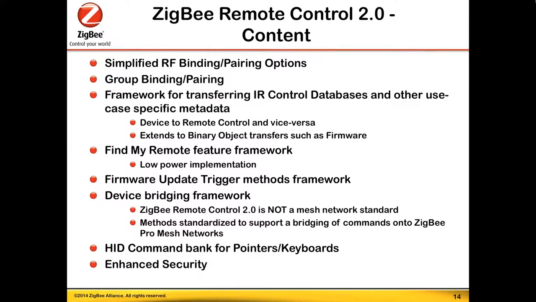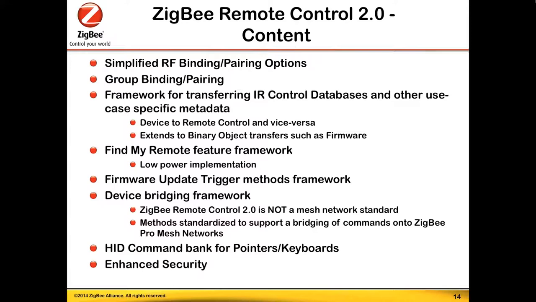HID command bank is included, encapsulated into the ZRC 2.0 standard for use for pointers and keyboard style device control. And there's been a big focus on enhancing the security for making sure that packets can't be sniffed or information compromised. And let's go to the next slide.